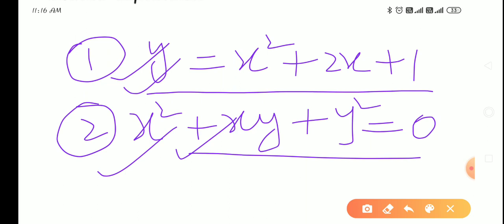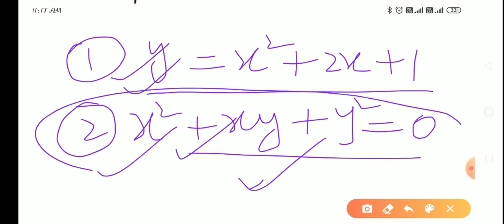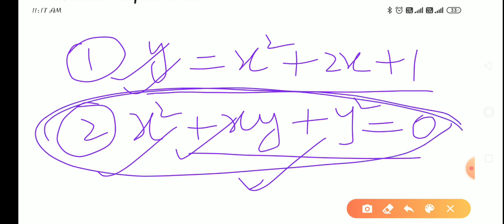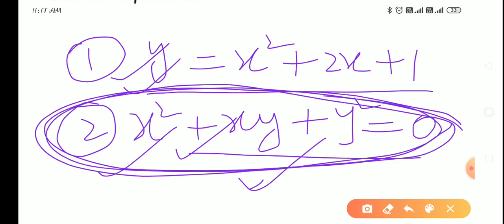So in this case equation is given in which x and y are mixed up and they cannot be expressed in terms of the other, means x cannot be expressed in terms of y, and y cannot be expressed in terms of x. So such type of functions are called implicit functions. So you are going to find the derivative of such type of implicit functions. This is second function, you can see.